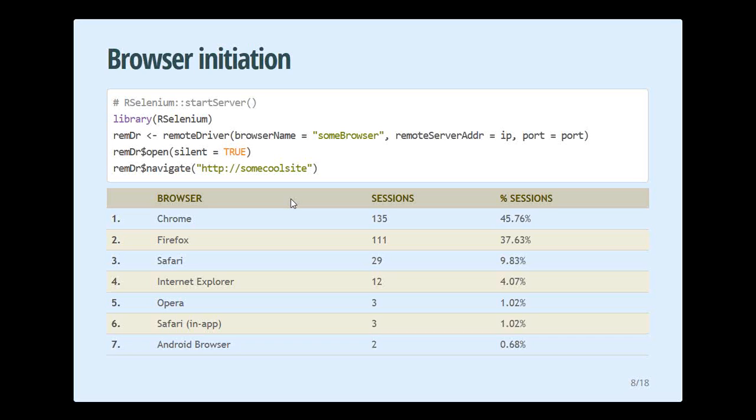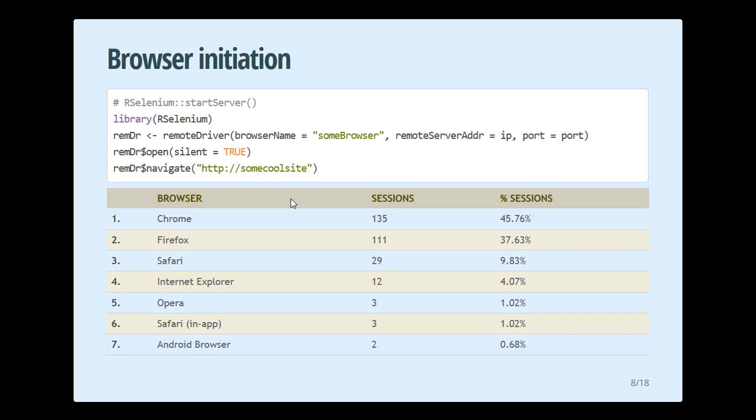Each of these reference classes will have methods. All of the methods are available to the web element class because it inherits from both the other 2 classes. The remote driver class has its own methods plus the error handling methods, and the error handling class just has its own methods.